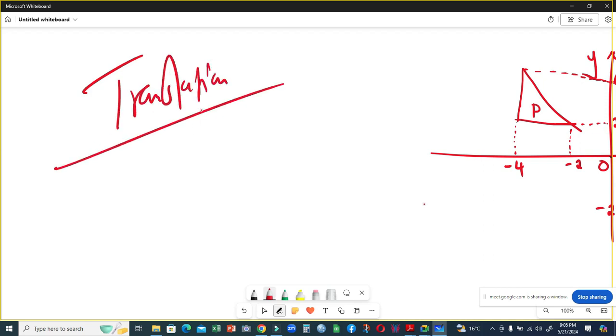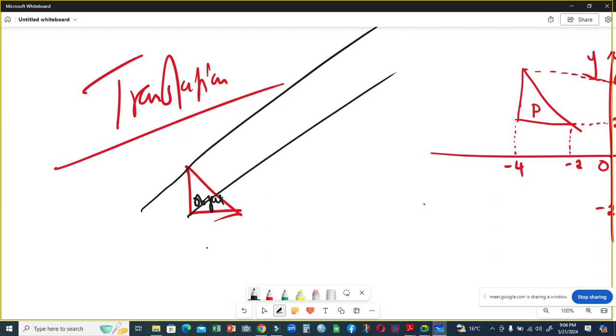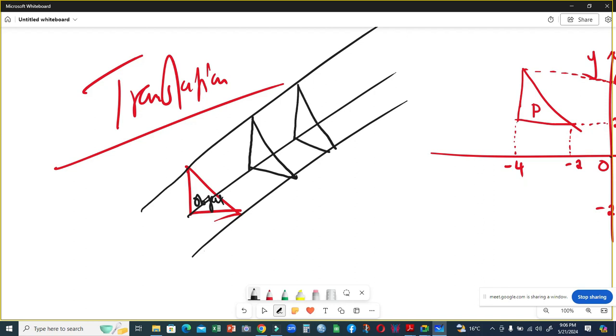Translation moves the object to its image in a straight line. For example, if this is the object, depending on the translation vector, it will move this object to its image in a straight line. So the image can be here, like this. So this is how translation moves.